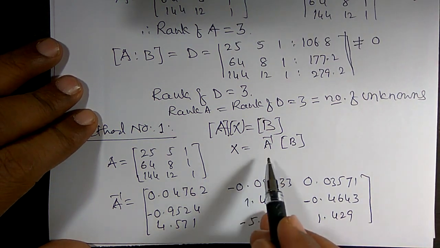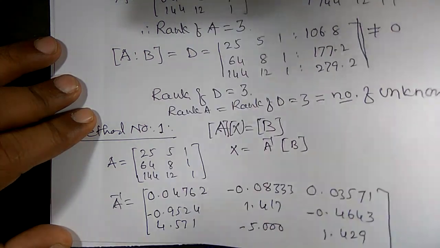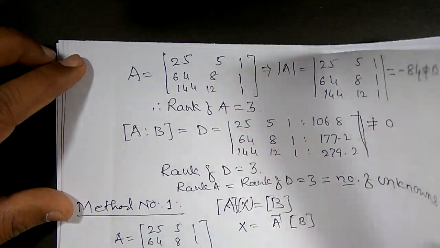So now X is equal to A inverse into B. X means unknowns.